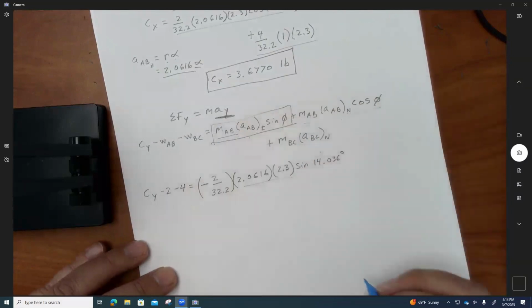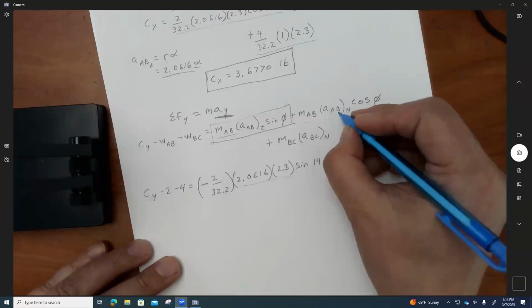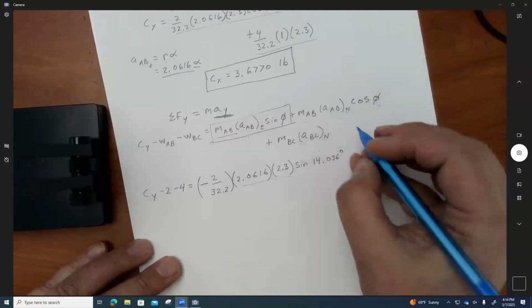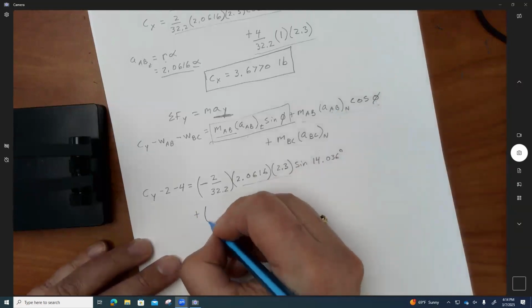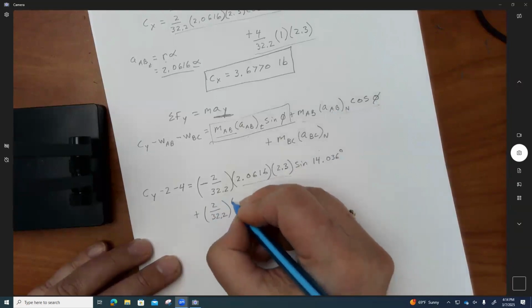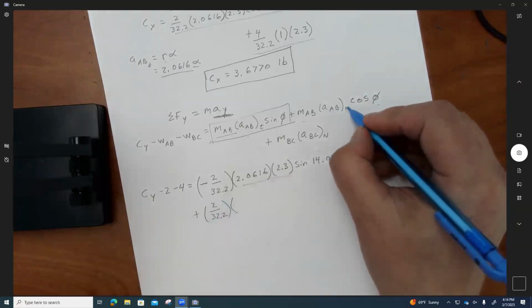Now let's do the right side over here. The normal component in the y direction for AB is going to be positive. It's still going to have the same mass, 32.2. And we're going to calculate what do we need for a normal component.